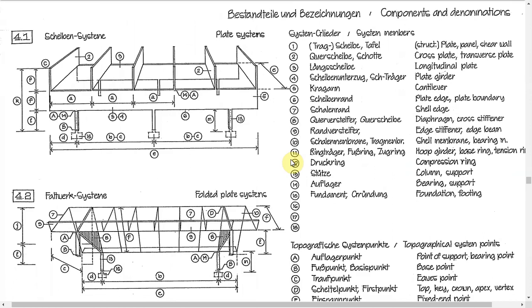Plate system, the main components are the plate panel, shear wall, cross plate or the transverse plate, longitudinal plate, plate girder, cantilever, plate edge, plate boundary, shell edge, diaphragm, cross stiffener, edge beam, shell membrane, hoop girder, base ring tension, compression ring, the column support, bearing support, foundation, right?